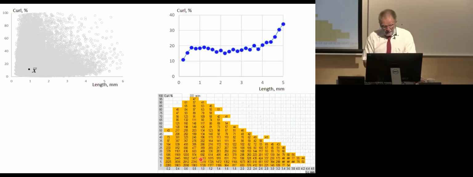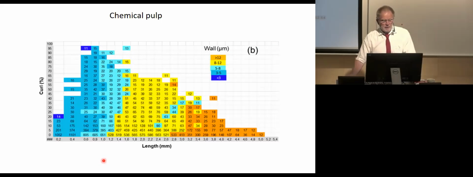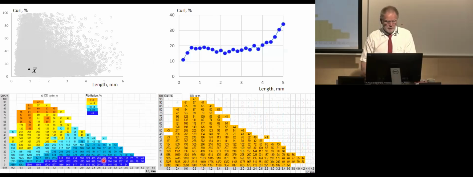And as a last step here, we can see why these particles are the most curled. So instead of these 3 dimensions, we can have a 4th dimension. We have the same graph here, but on top of that, we added the degree of fibrillation for each square, average fibrillation in each square.